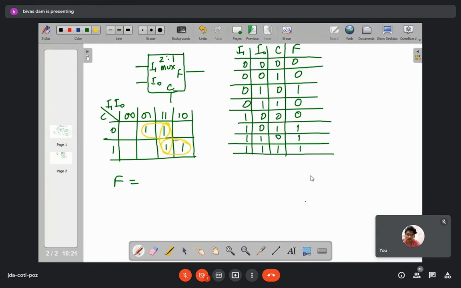There are 3 PIs, 2 essential PIs and 1 non-essential PI. So in the function I must include the essential PIs. So that is I0 C bar plus I1 C. Okay. So circuit wise, it should be something like this: 2 AND gates, 1 OR gate.